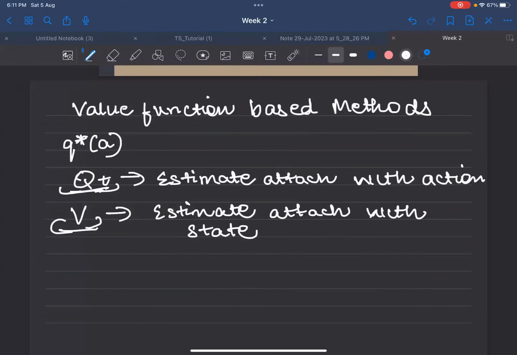Estimate attached with action focuses only on the estimate by taking one particular action, whereas value is the estimate by being in that state, including all the arms, by estimating the future rewards, accommodating all the arms.